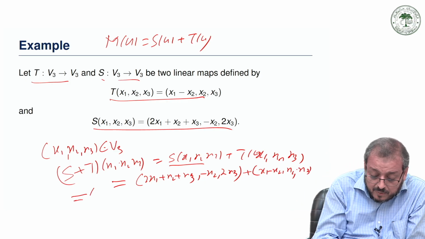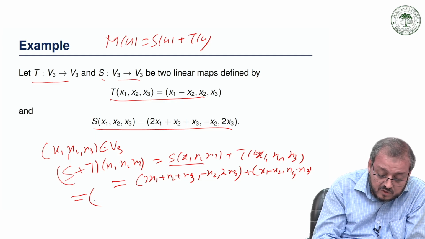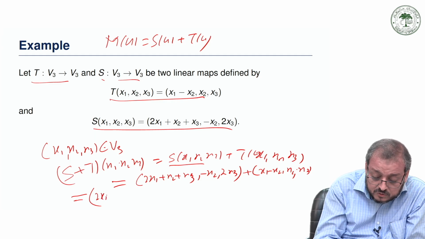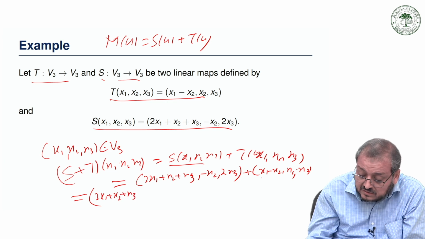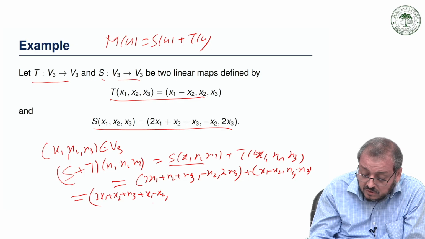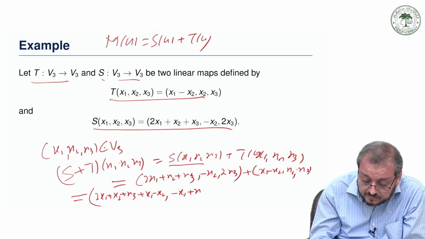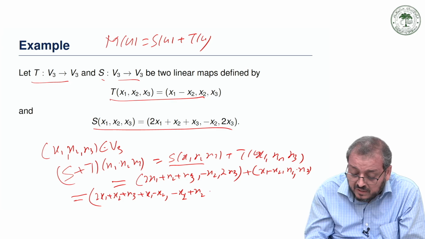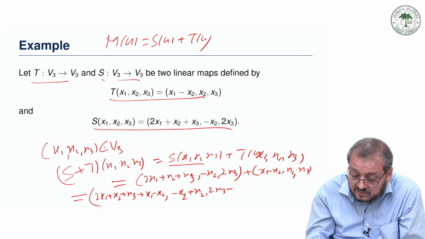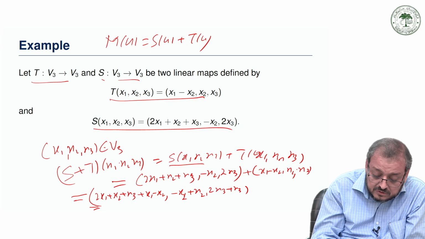Now, adding component-wise, this is equal to 2x1 plus x2 plus x3 plus x1 minus x2, then minus x2 plus x2, and then 2x3 plus x3, and x2 cancels out.